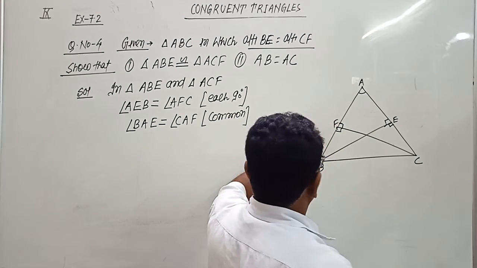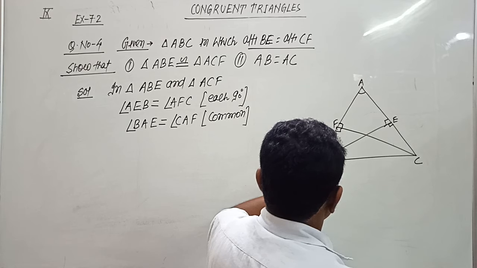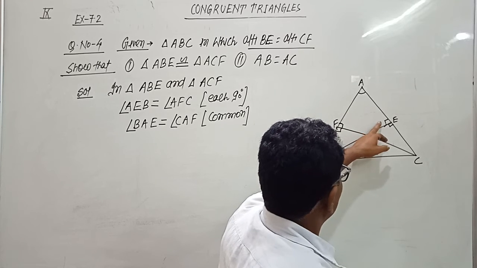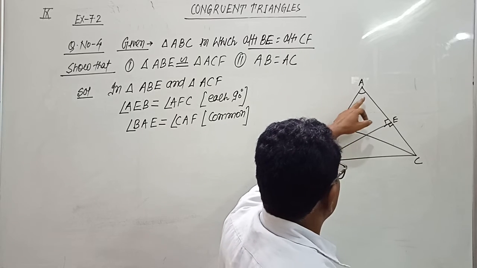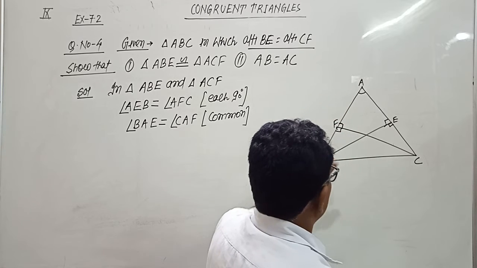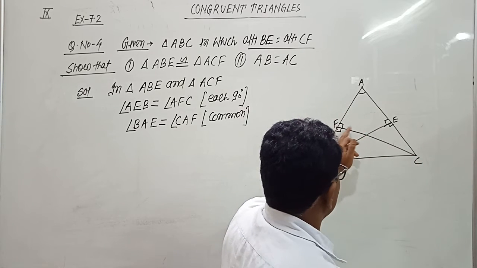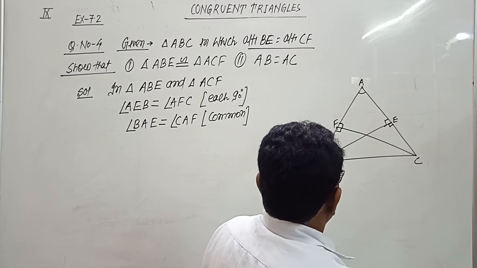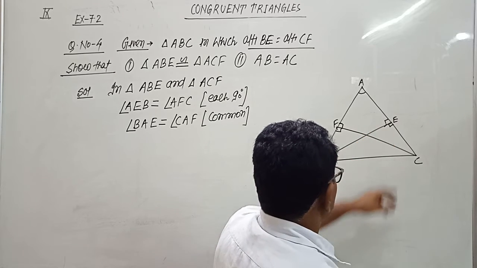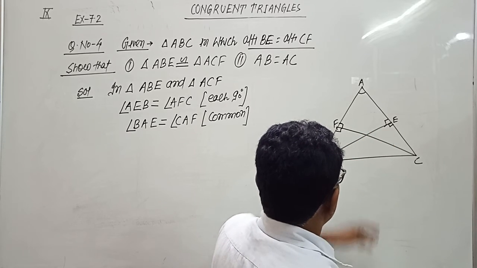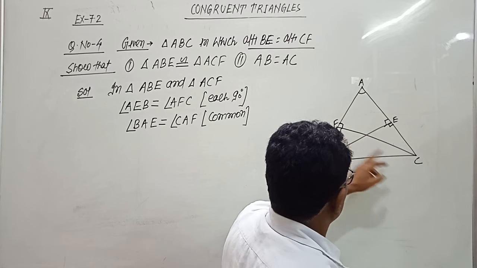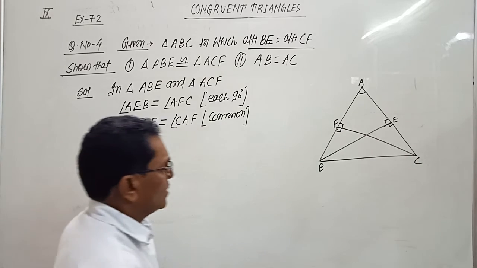So in triangle ABE, this angle is 90 degrees and this angle is common for ABE and ACF. And in triangle ABE, side BE, and in triangle ACF, side CF are equal.